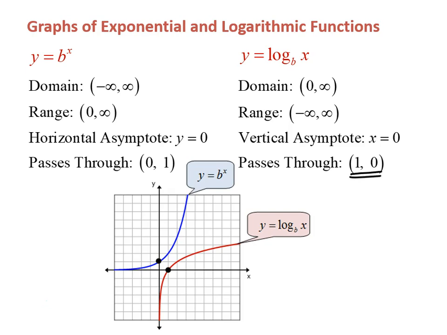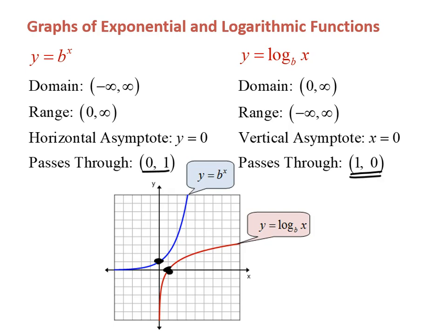That's here. Okay. And then the other one, the exponential, is always going to have 0, 1, because whenever you put a 0 in for x, you're going to get a 1 back for y. So this graph will always have 0, 1 on it.